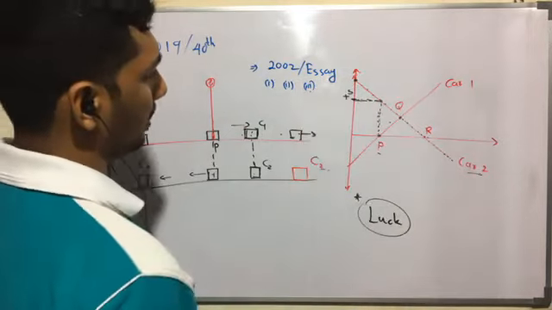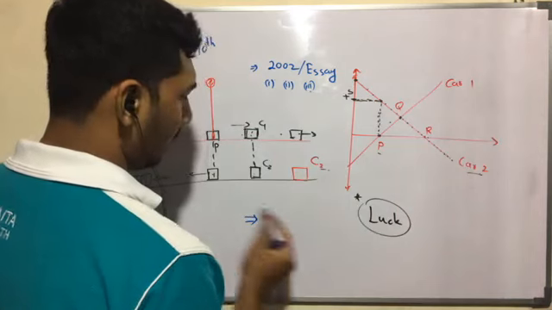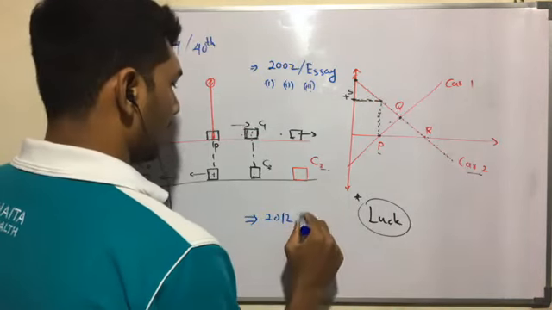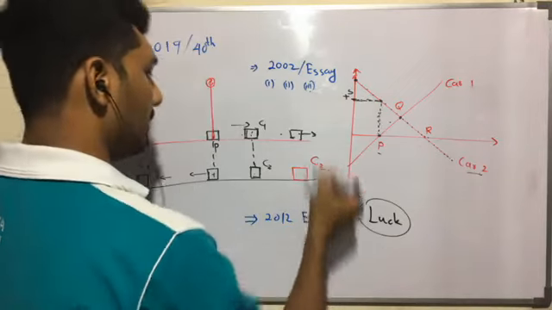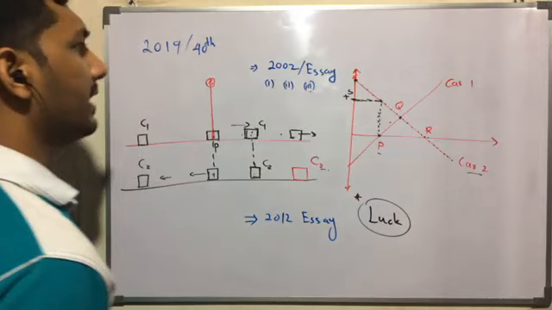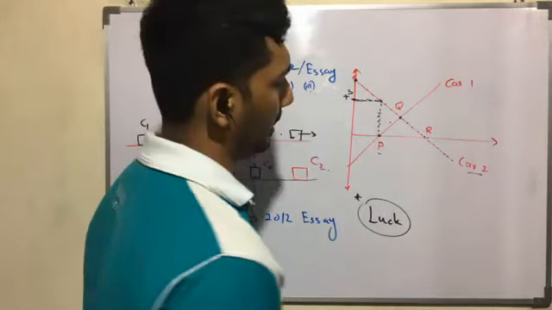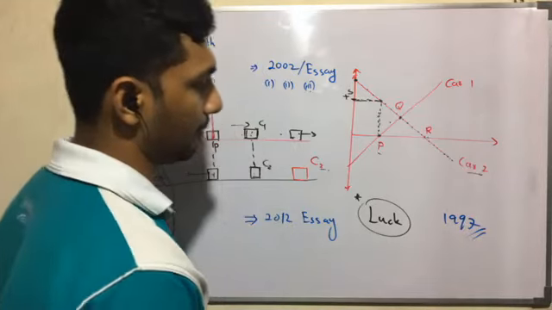The other part is not needed. That is circular motion. And also, if you want, you can do the 2012 essay. Those are the two direct questions. And there was one from 1997. You have the past paper, you can do it.